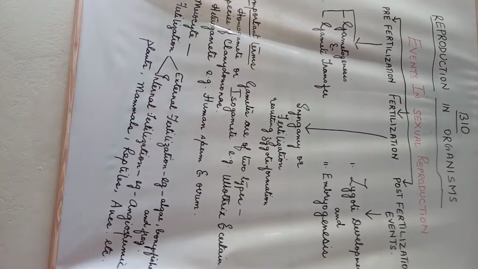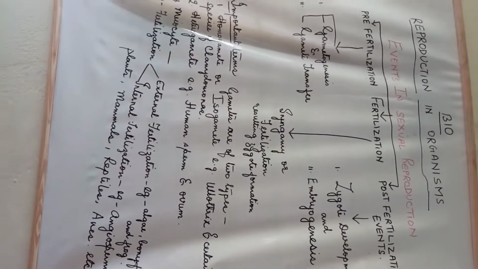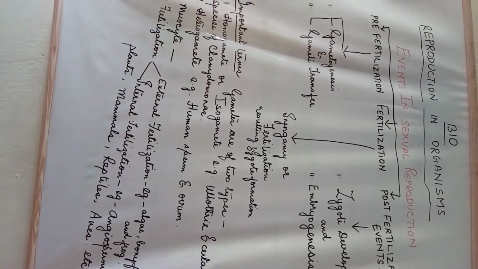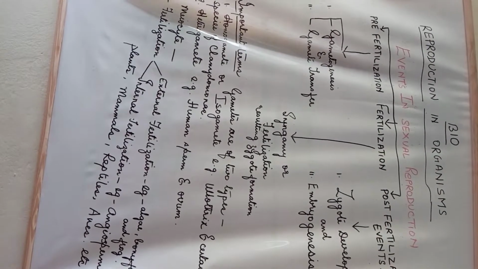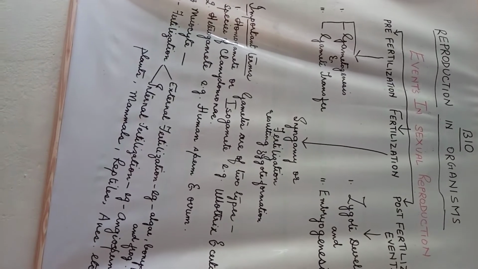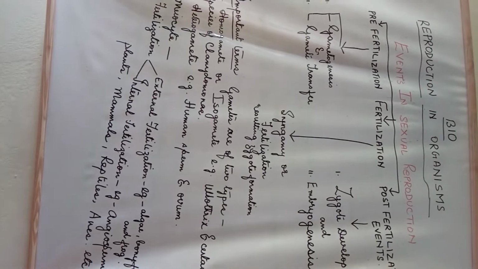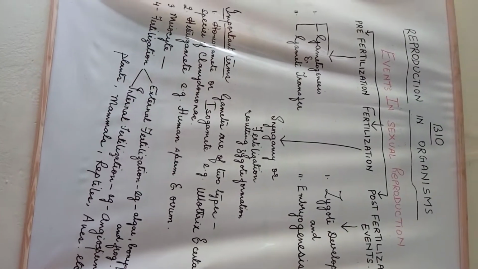Internal fertilization is the fusion of gametes inside the body of the female organism. In these organisms, the female gamete or the ovum is produced and retained inside the body of the female individual, whereas the male gametes are formed in large numbers as they have to reach the female gametes.